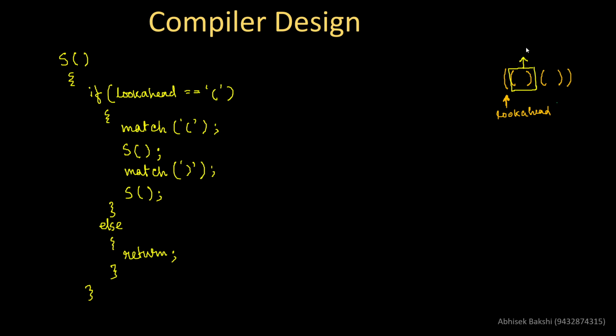Now one more thing is left, that is the definition of the match function. So how can I write the match function? I can write a simple C logic, for example, void match. By the way, I must pass some character over here.